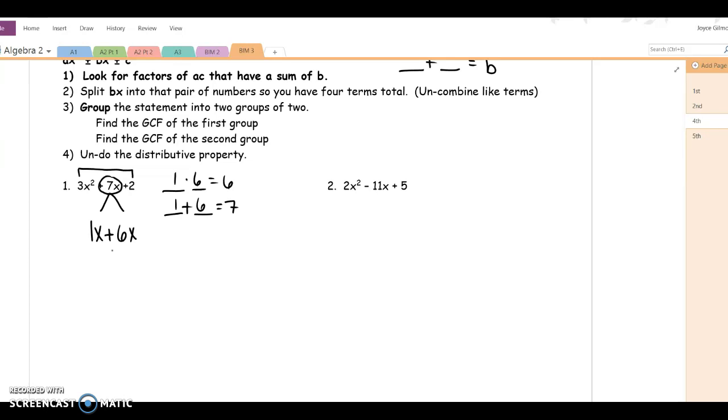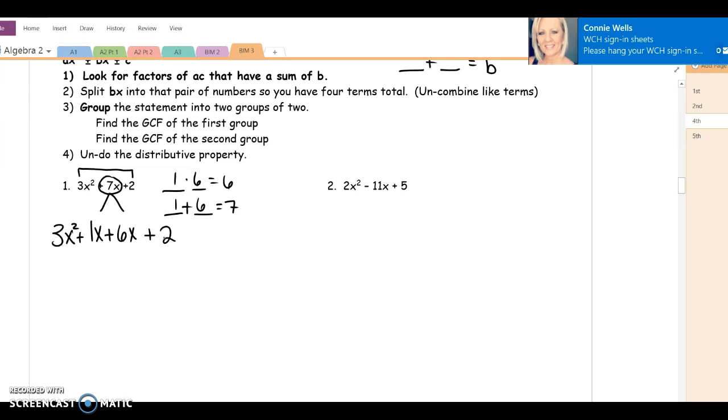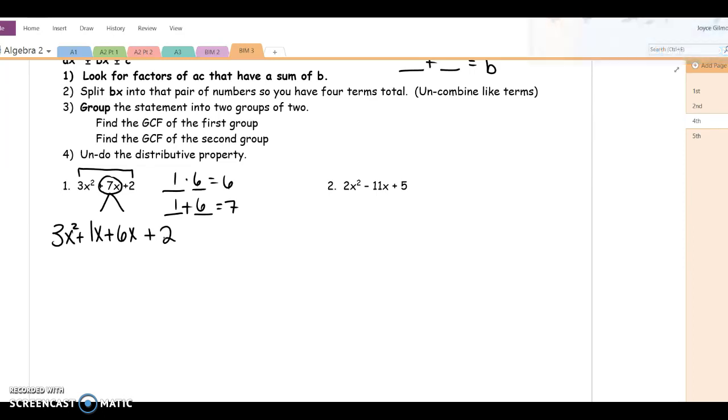We uncombined the like terms. We still have 3x squared in the front, and we still have the plus 2 at the end. So we're taking our trinomial, we're splitting that middle term into that pair of numbers we found to make it a 4-termed thing.